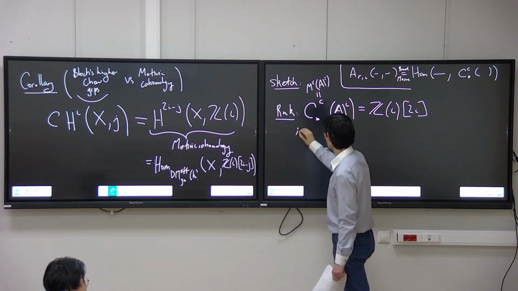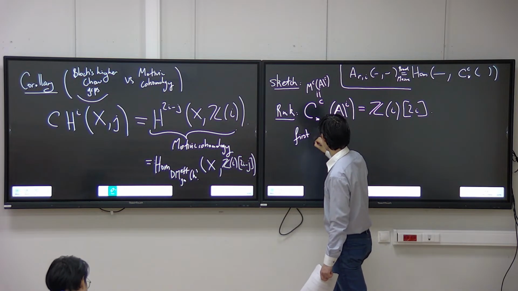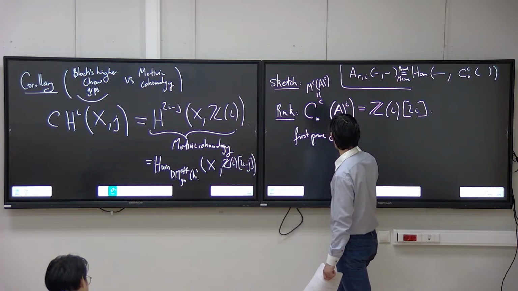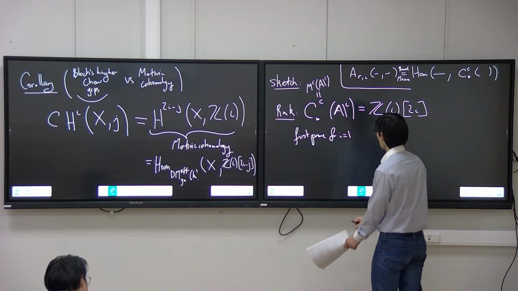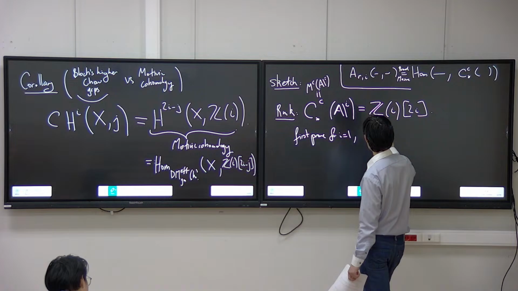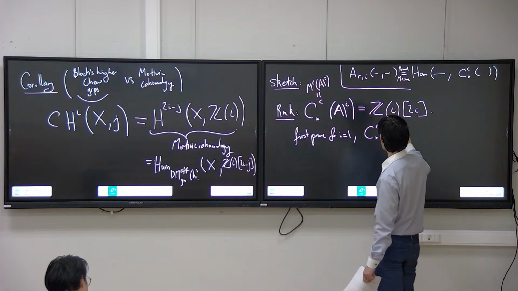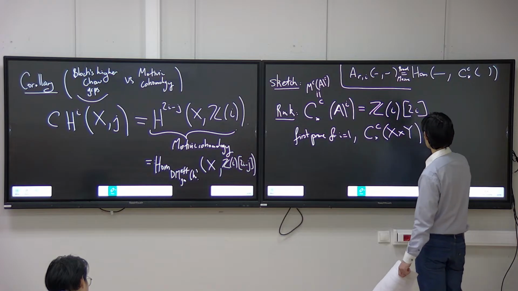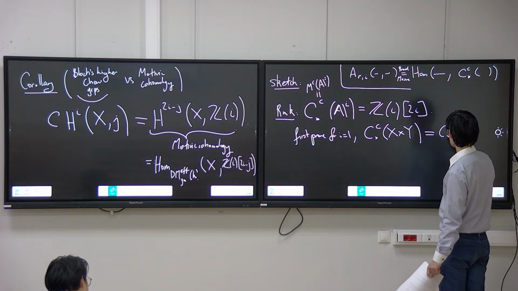So first prove for I equals 1, and then because you have a tensor category, it's kind of formal to see that when you take products of things, this is the same as taking tensor product.